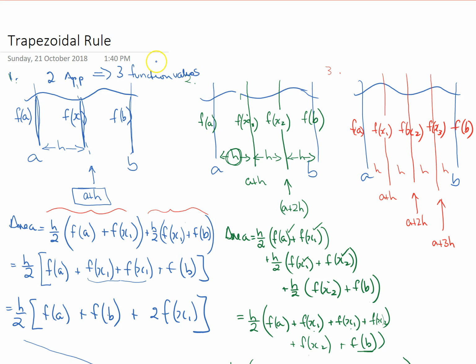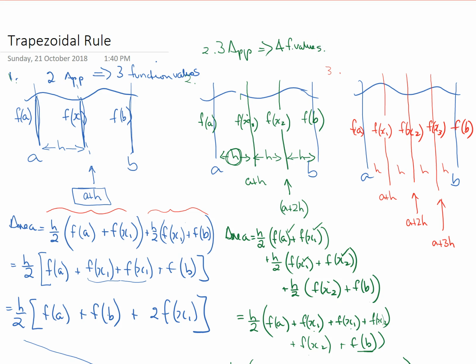You'll always have at least two function values, the first one and the last one, but with two applications we have to introduce another function value, which gives us three function values. What happened where we now have three applications? How many function values did we end up with? Obviously the first and the last, which is 2, and another 2, which is 4 function values.